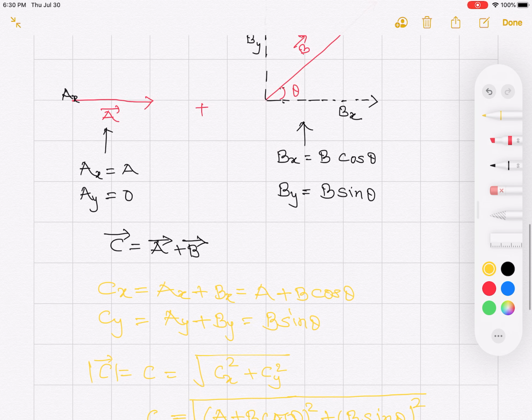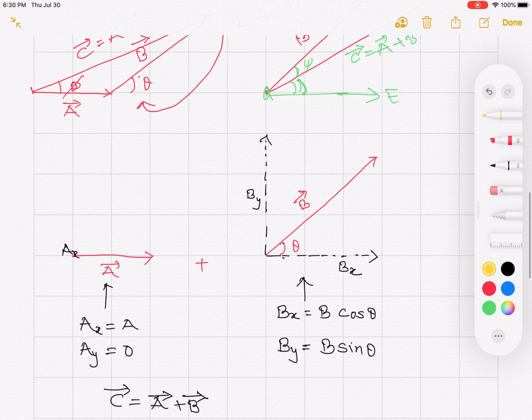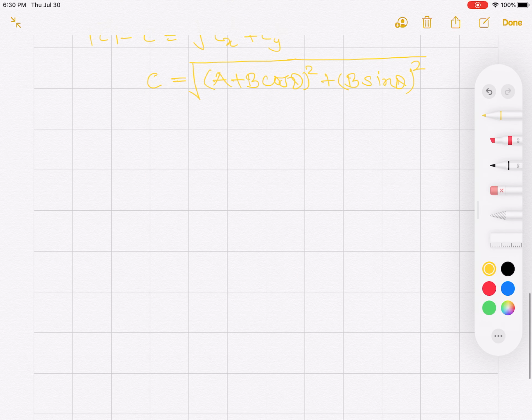So direction of c is given by, so yeah, if you complete this figure then it's more clear. So okay, now this one is vector a, this one is vector b, this is c. Now this is angle theta, and this length is given by the square root of (a plus b cos theta) squared plus (b sin theta) squared.